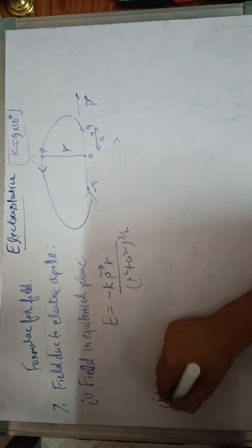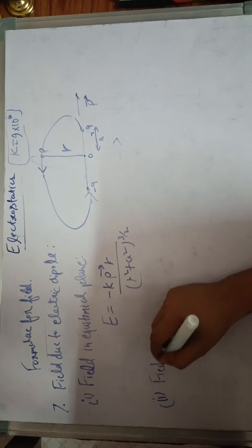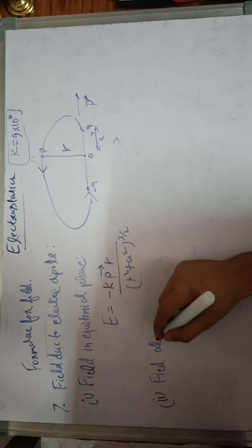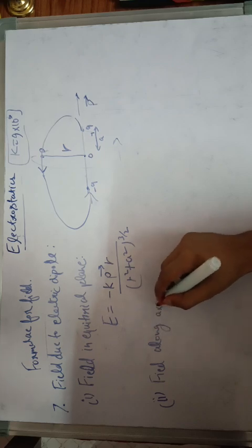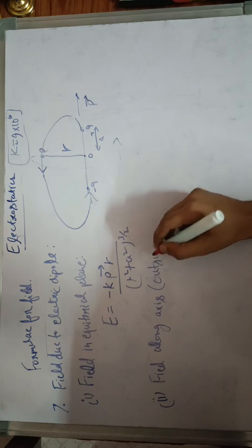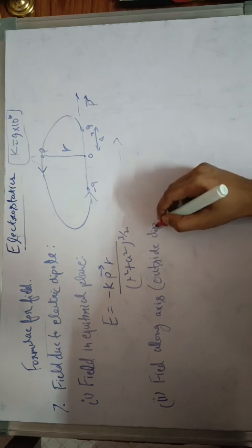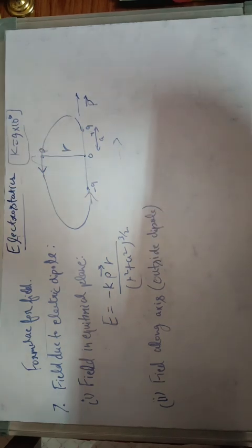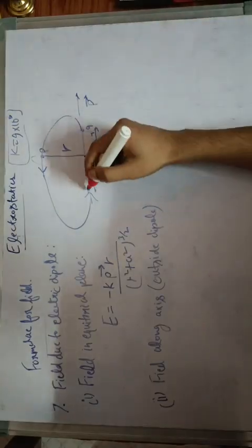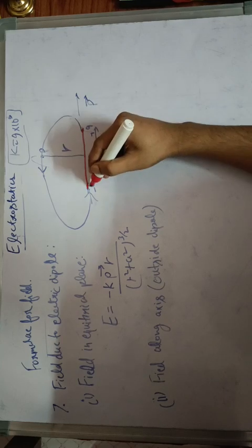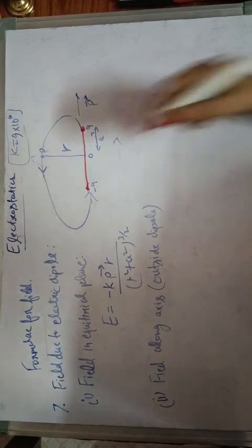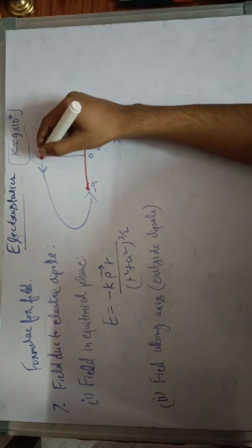The second thing is field along axis outside the dipole, means this was our dipole, and we were taking field at this point.